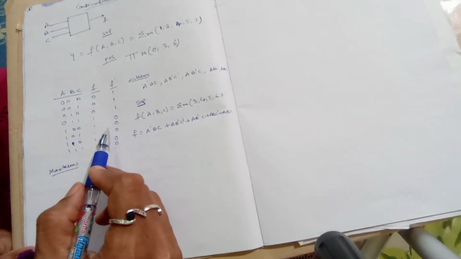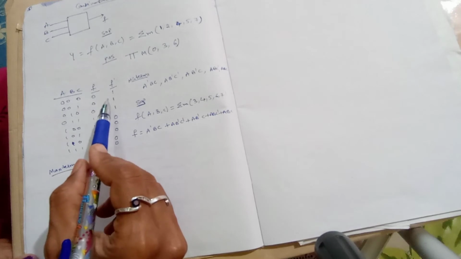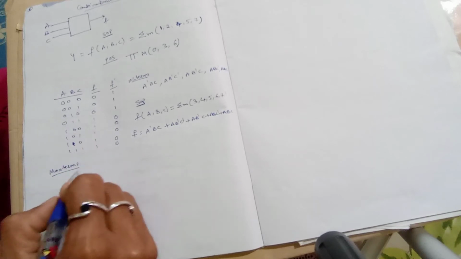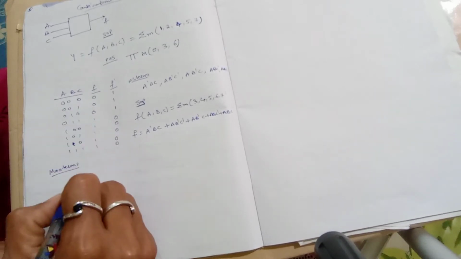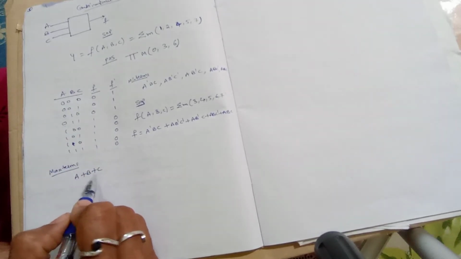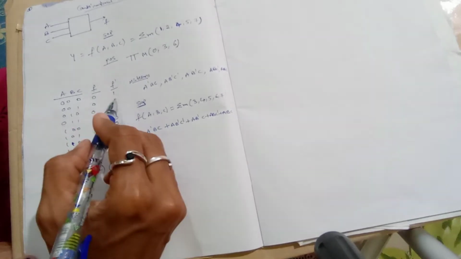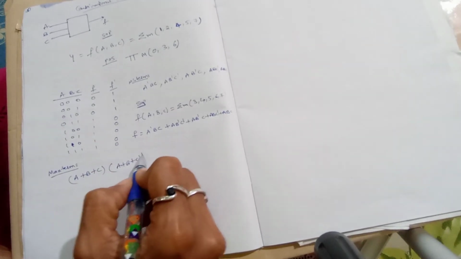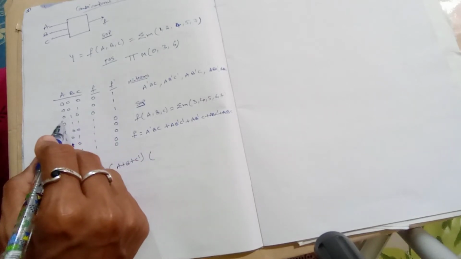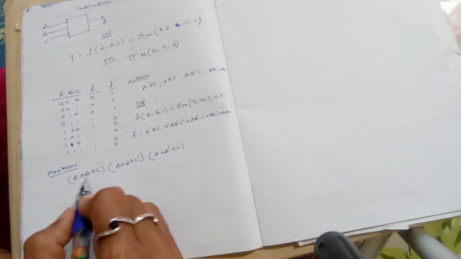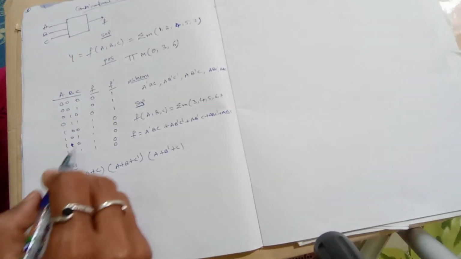Max terms are, now we need to consider zeros, that is 0 is taken as A, again 0 B, 0 C. So this is written as A plus B plus C, and next A plus B plus C bar, next term is A plus B bar plus C. These are all the max terms for this.